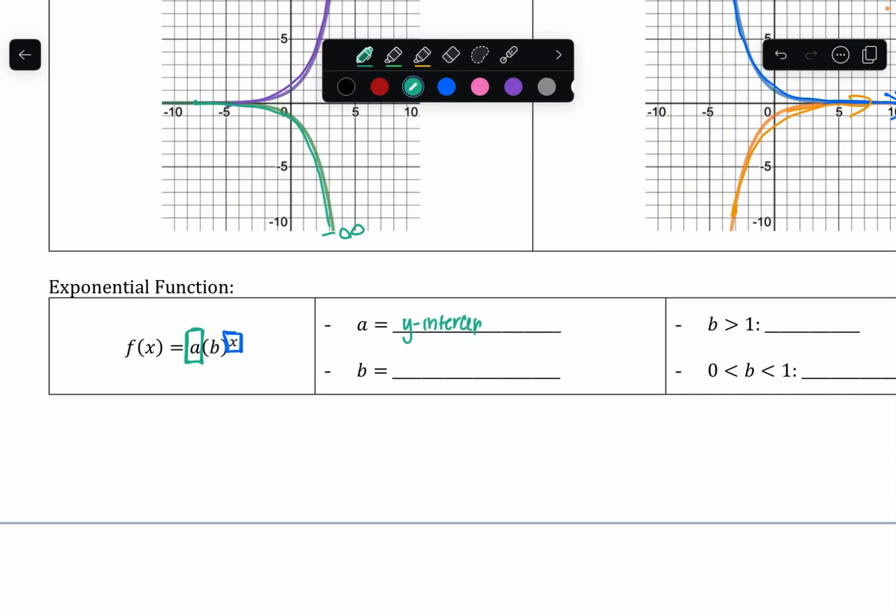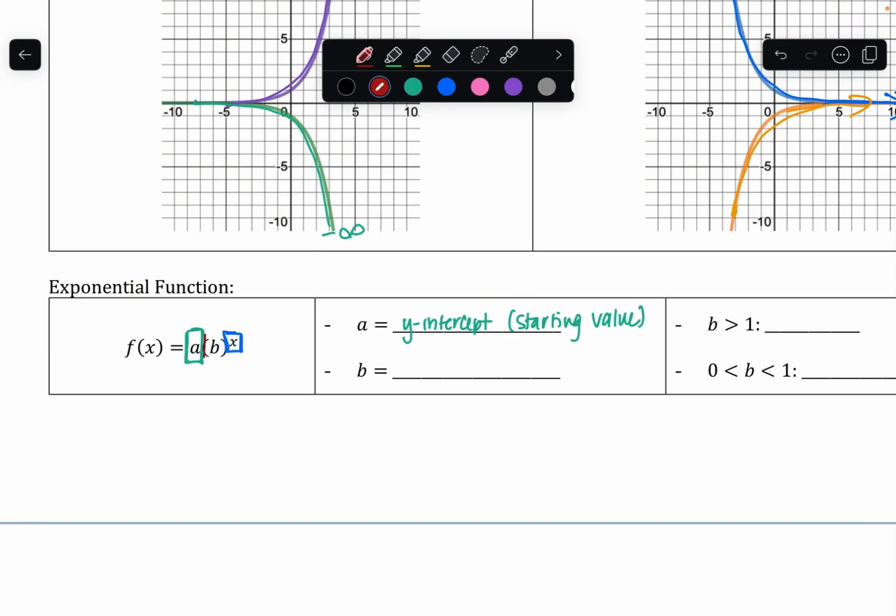And so if we're dealing with a real world problem, this is your starting value. Okay, and the reason why is if we plug in 0 for x, anything to the 0 power is 1. So this whole number is turning into a 1, and it leaves us with a. So that's going to be our y-intercept.